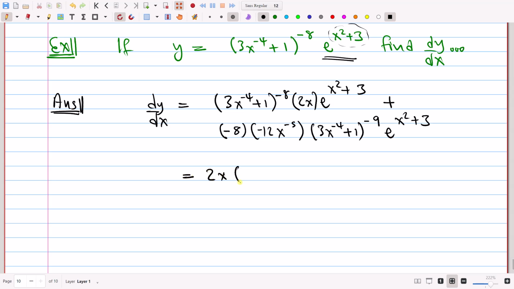But just to give you a more simplified version, this will become 2x(3x^2 - 4x + 1)^(-8) plus 96x... (3x^2 - 4x + 1)^(-9), and then e^(x^2 + 3).